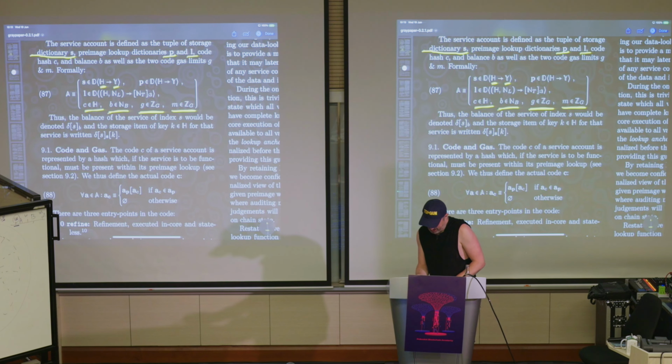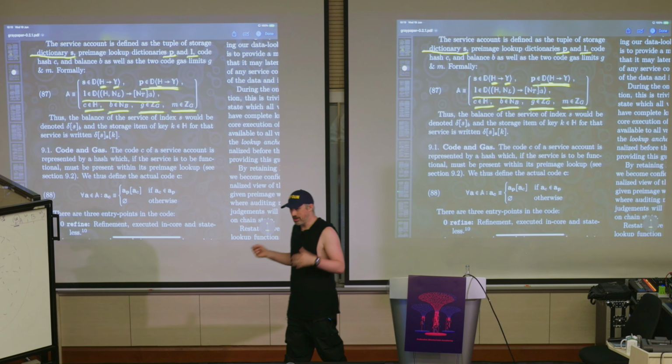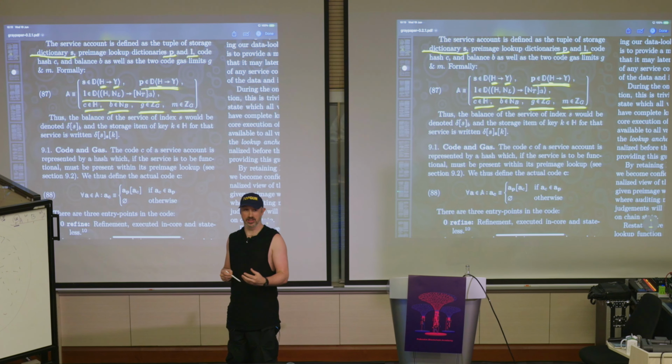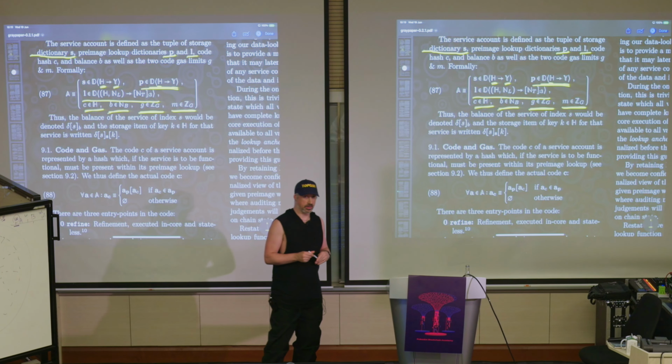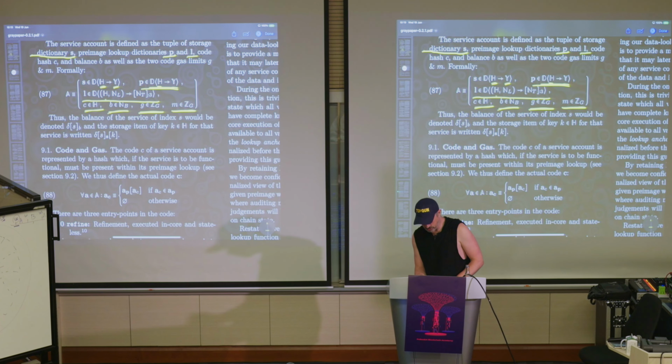This is why in here we have both P, which is the dictionary of hashes to their pre-images, and L, which is basically which pre-images have been requested by this service. And it includes not just the hash, but also its length.